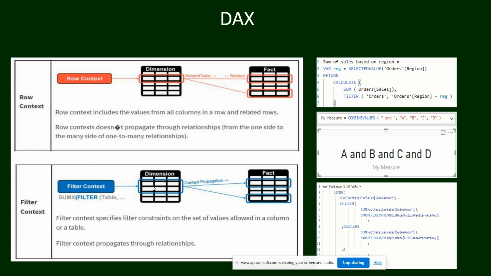And the filter context looks similar, but the way it is different is you're applying a filter on a column. Let's say you want the sum of sales for the color equal to red. There is a column, color, which has multiple values: red, blue, orange, and you are applying the column color equal to red.